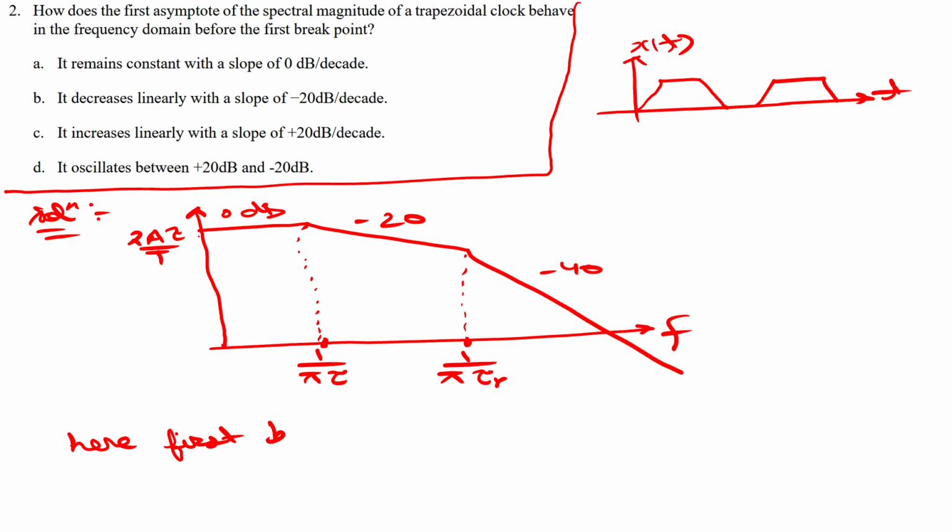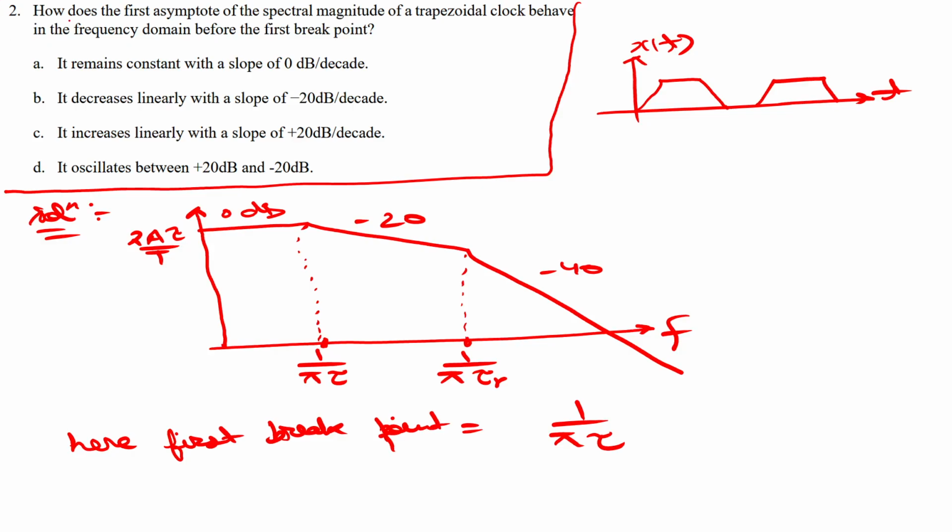Now in the frequency domain the spectral bounds look like this for a trapezoidal pulse. So the first breakpoint frequency is given by 1 by pi tau.